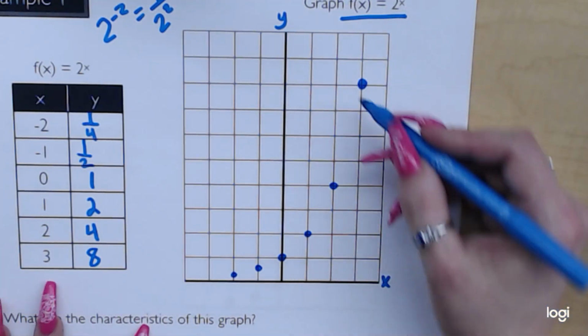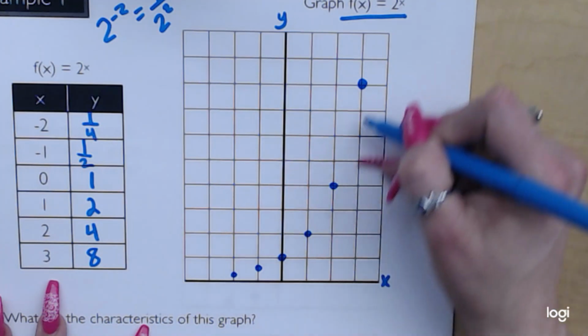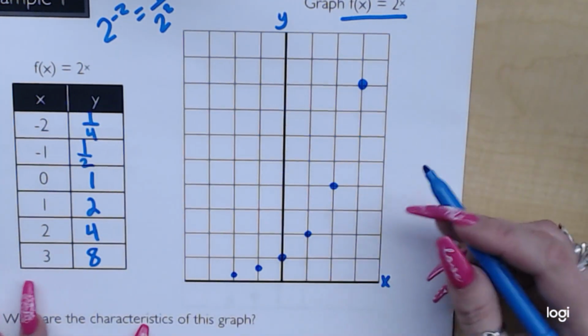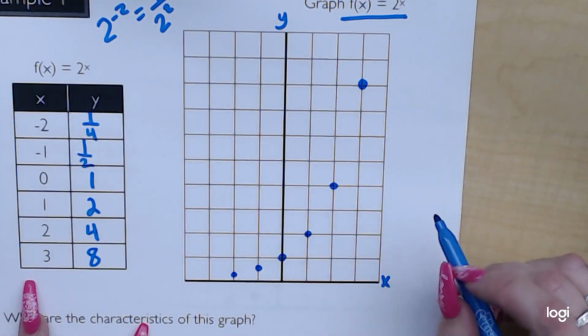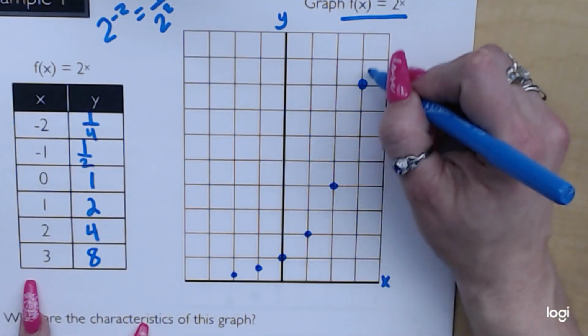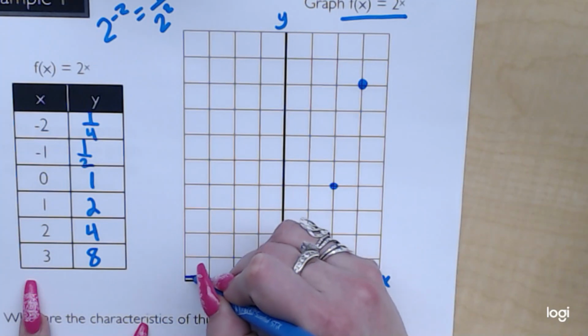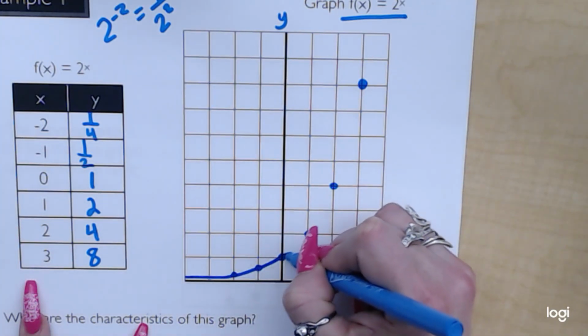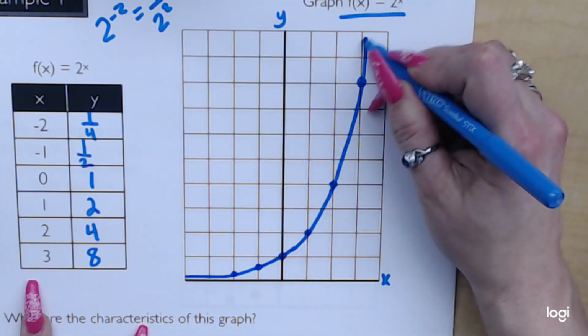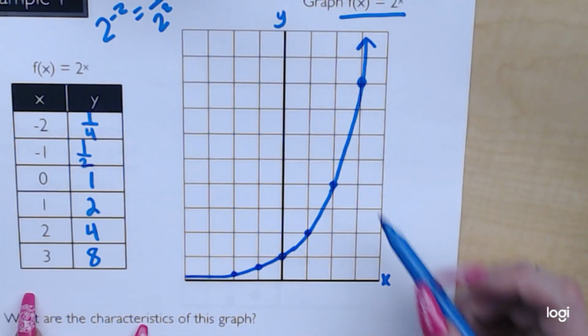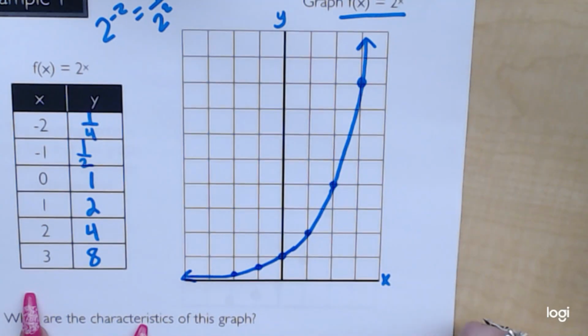You should start to see these values really jump up as your x values increase when it is going in a positive direction because the 2 is positive. So when we connect these, we show that it extends forever infinitely in both directions.